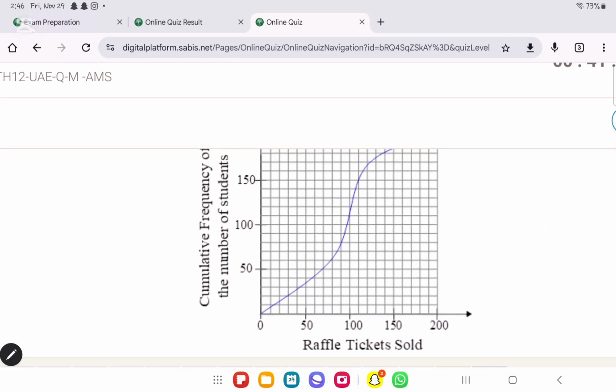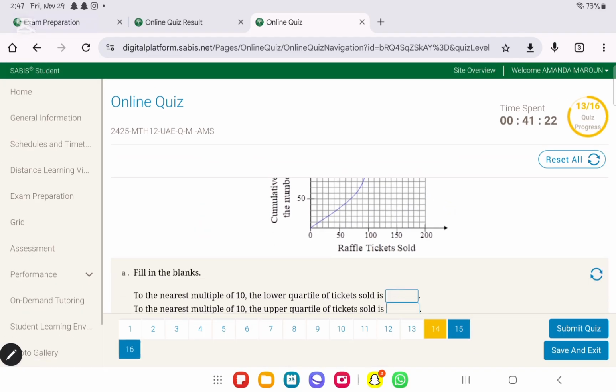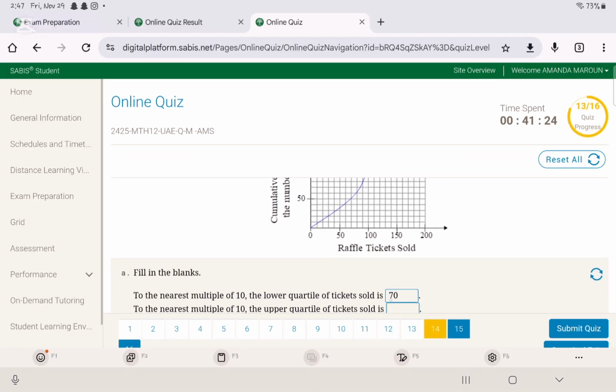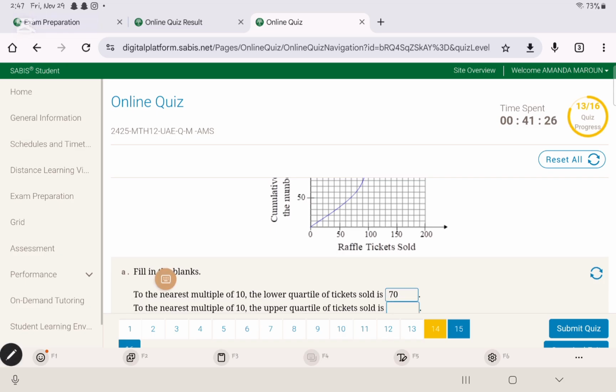We go to the cumulative frequency, and we find out for which cumulative frequency is it 50, and it turns out to be 70. So for 70 tickets, this is the lower quartile. Now for the upper quartile, it means 75%. 75% times the total tickets sold, which is 200.